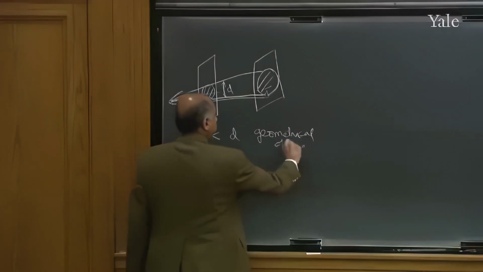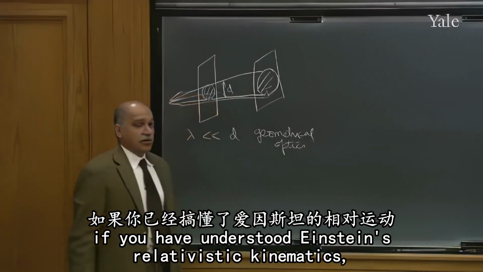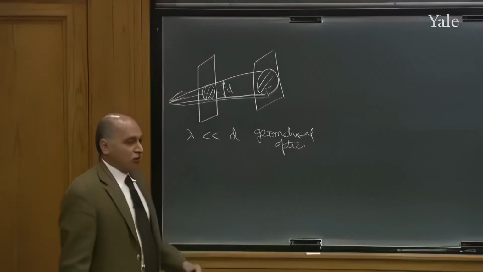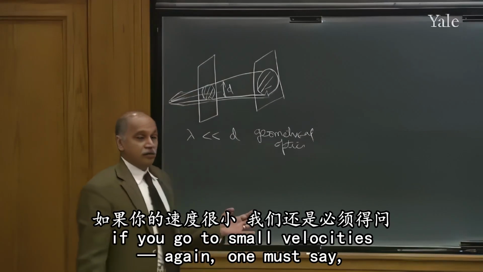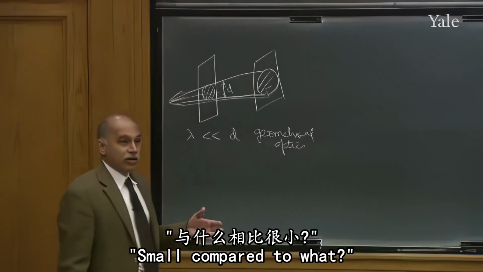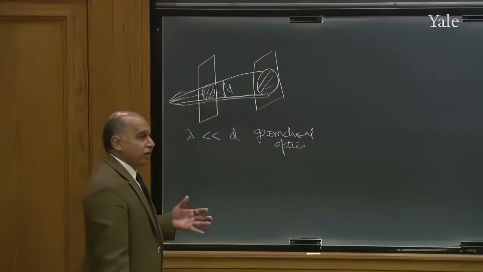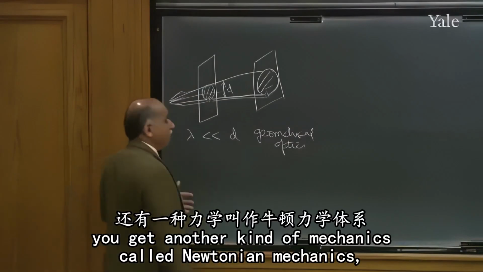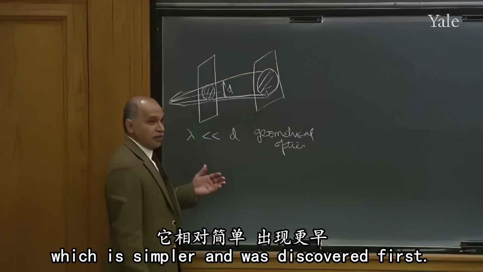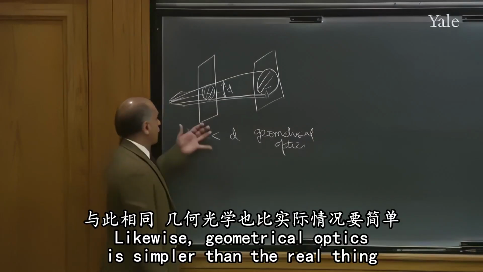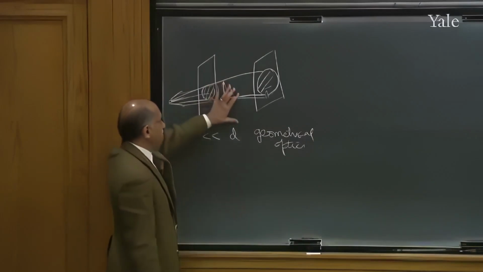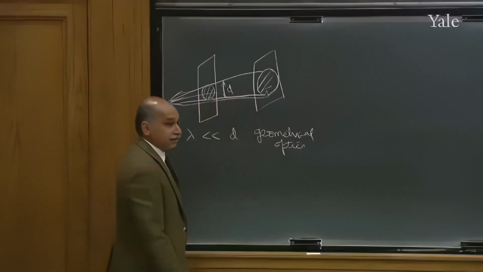It's like saying, if you have understood Einstein's relativistic kinematics, if you go to small velocities, again, one must say small compared to what? The answer is small compared to the speed of light. You get another kind of mechanics called Newtonian mechanics, which is simpler and was discovered first. Likewise, geometrical optics is simpler than the real thing, and it was discovered earlier.